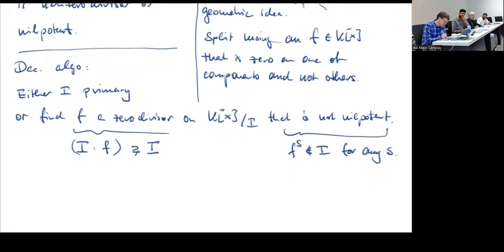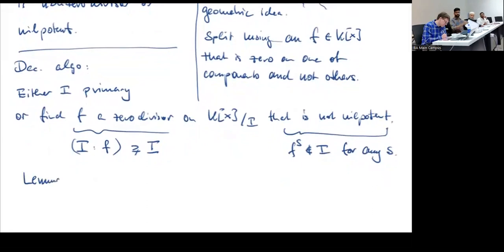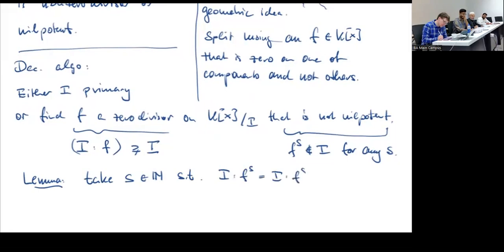Now here comes a very useful lemma. Take S a natural number such that I colon F to the S equals I colon F to the S plus 1. So we have found this F, and we do I colon F squared, I colon F cubed, and all of these might become larger and larger, but because we are in a Noetherian ring, the chain will stabilize.